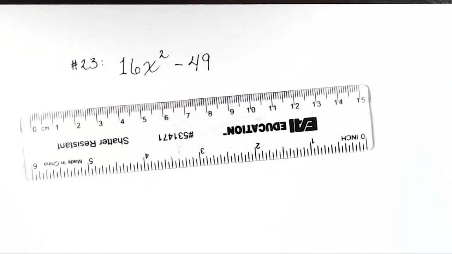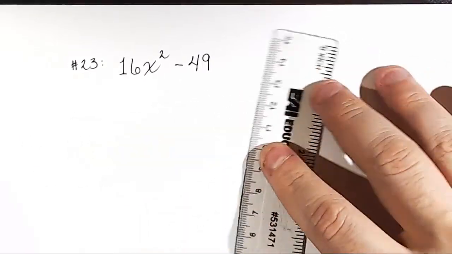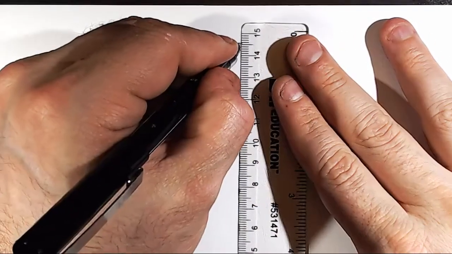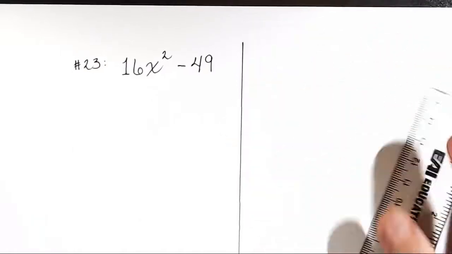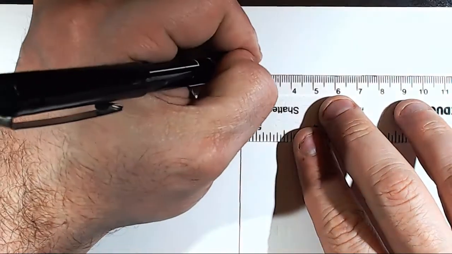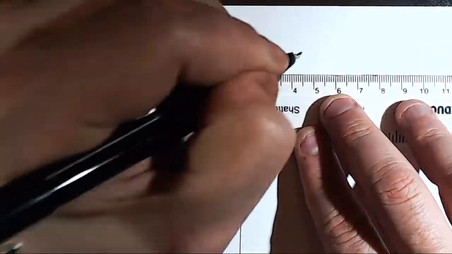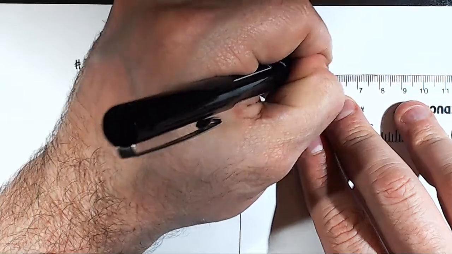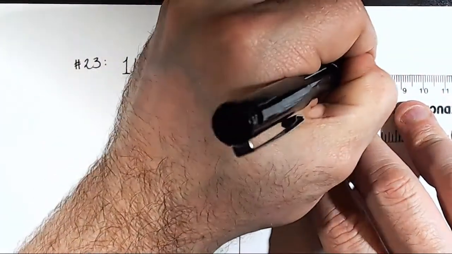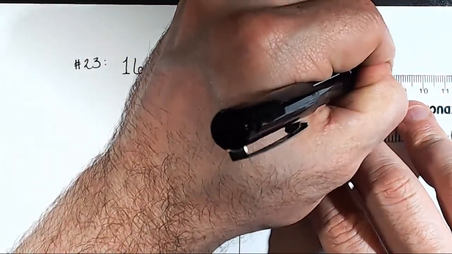Factor this. Okay. Now remember, let's get our side work over here. We could have rewritten this as 16x squared plus 0x minus 49.